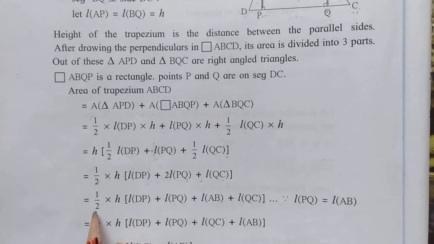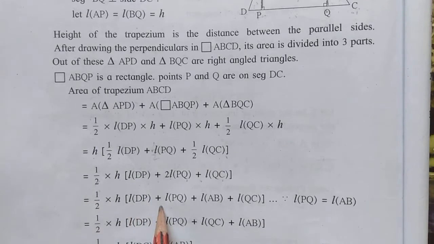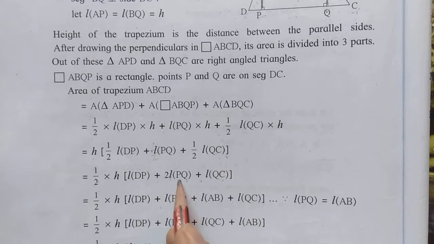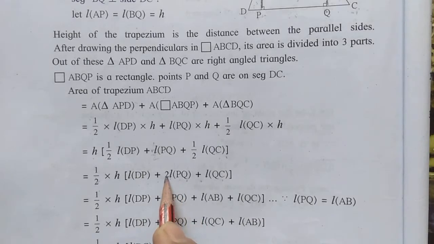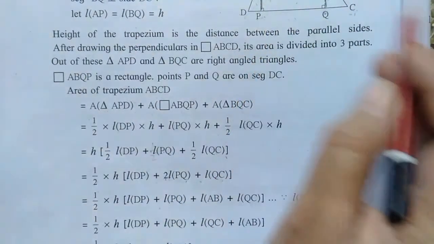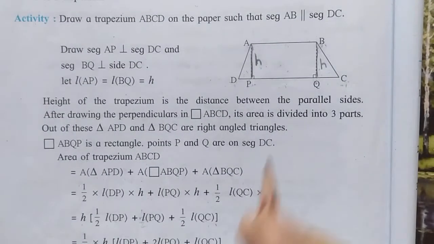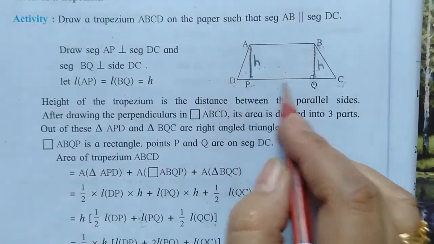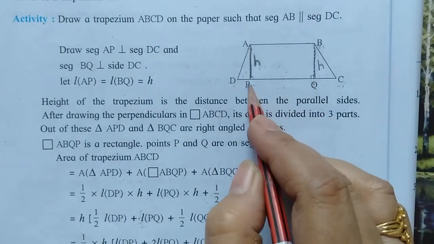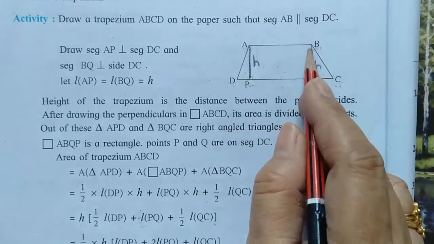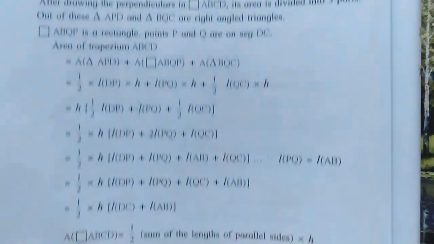On the next step, half into H as it is. Now length of DP as it is, plus length of PQ twice. See the figure, length of AB is congruent with length of PQ. So instead of one PQ we can take length of AB.